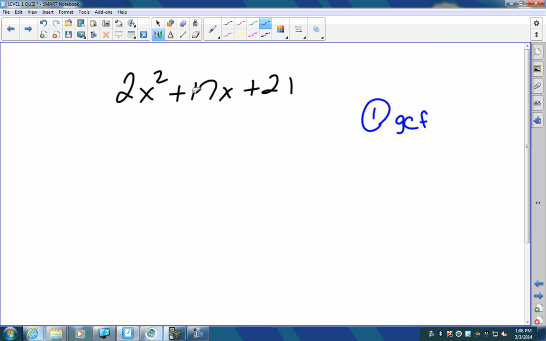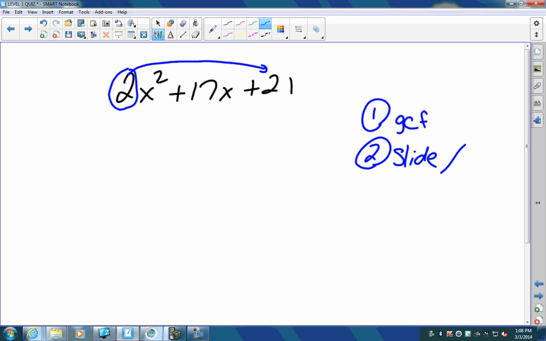Does 2 go into 17 evenly? No. So next I need to slide. You take this first number and slide it to the back, which means you multiply. So now I have x squared plus 17x. Now, 2 times 21 is 42.